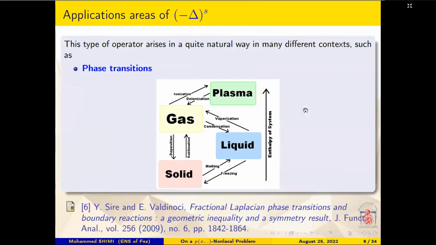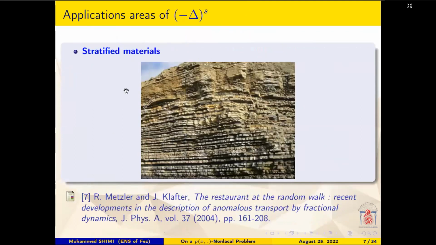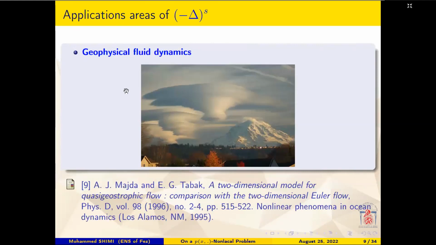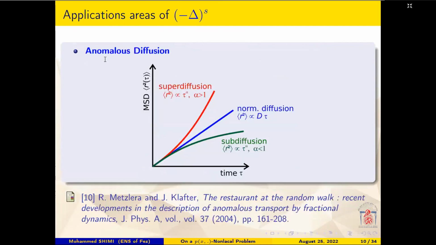So as you see, this operator has different types of definition, so it arises in a quite natural way in many different contexts of applications, such as phase transition, stratified materials, water waves, geophysical fluid dynamics, and anomalous diffusion.